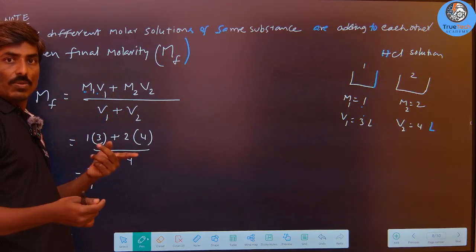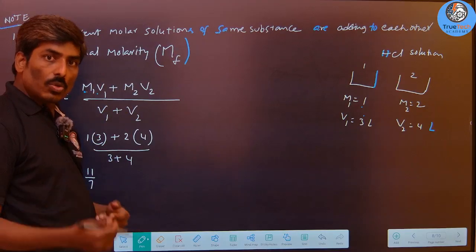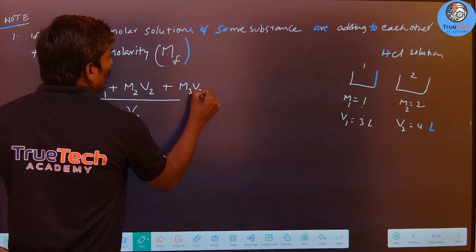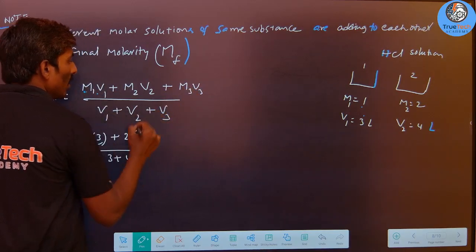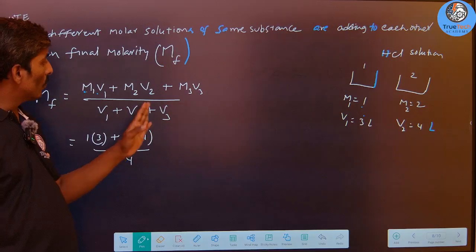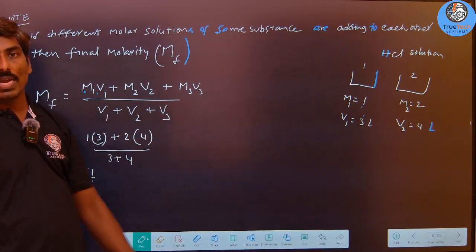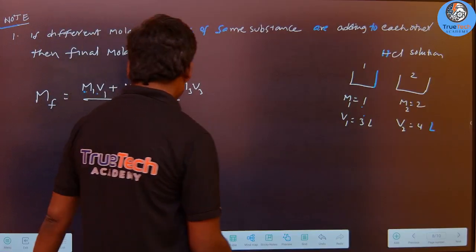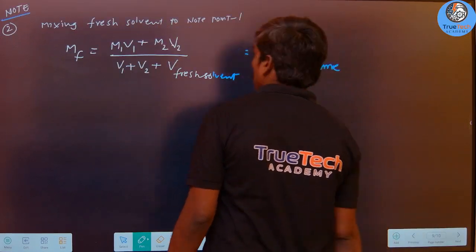When we add a third solution of the same substance, the formula will convert into M1 V1 plus M2 V2 plus M3 V3 by V1 plus V2 plus V3. If we add a fourth, one more term is added, and similarly at the denominator also.